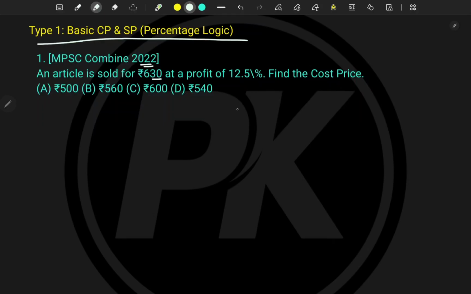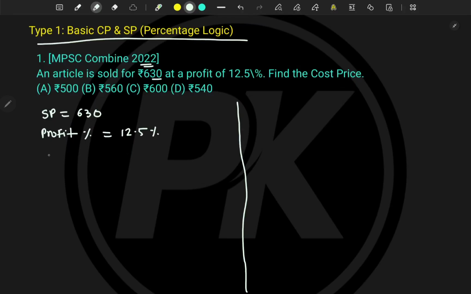So what I'll do, maybe I'll show you the traditional method and, let's say, a logical method. So here, now tell me, the article is sold for 630 rupees. That means the selling price is 630 rupees, right? With the profit of, now what is profit? It is given in percentage, right? Profit percentage is 12.5 percentage. Find the cost price. We have to find out the cost price.